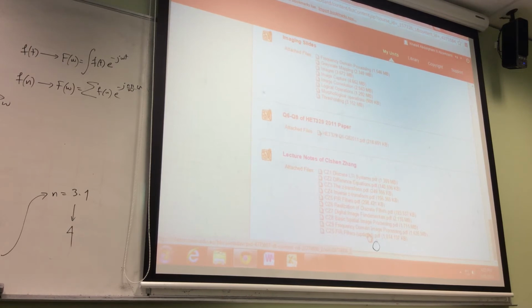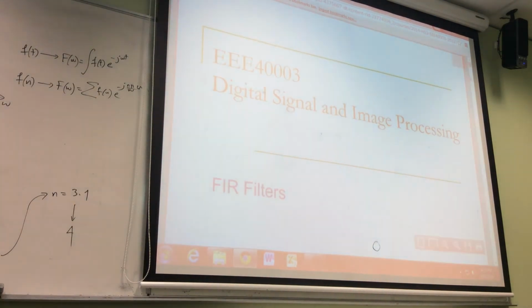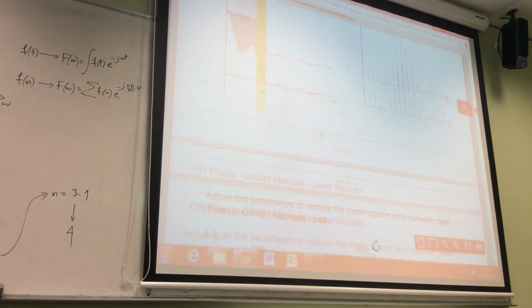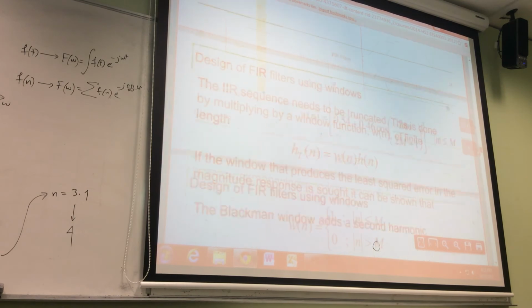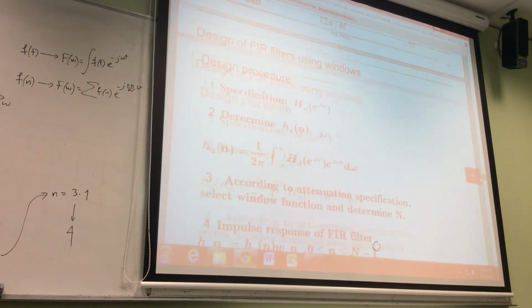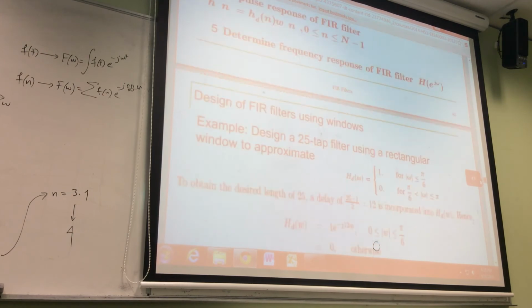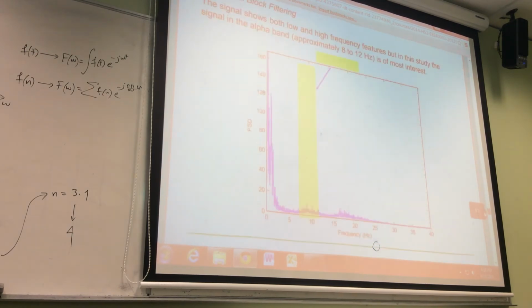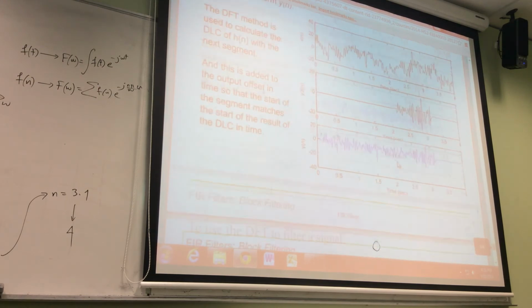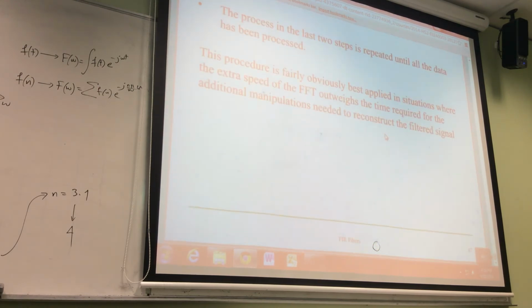All of this picture and stuff. What is this one? This is advanced DSP architecture. Oh, you were studying here?